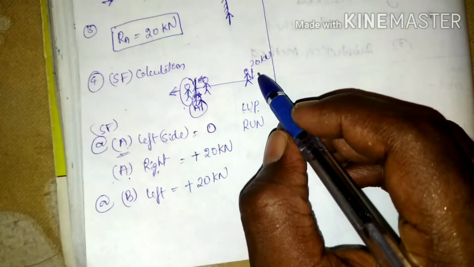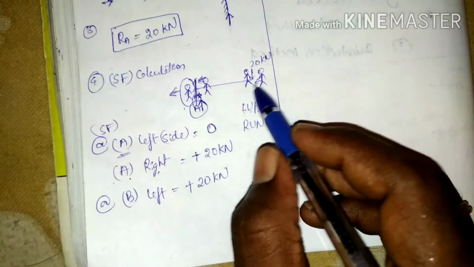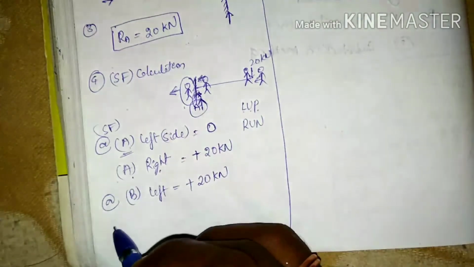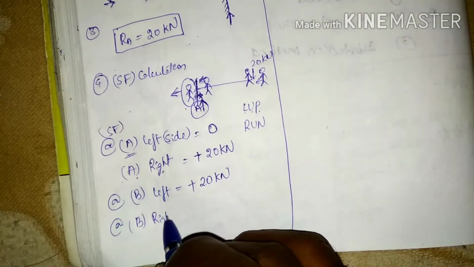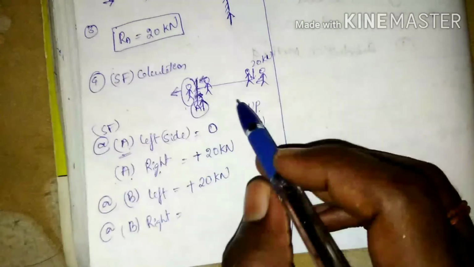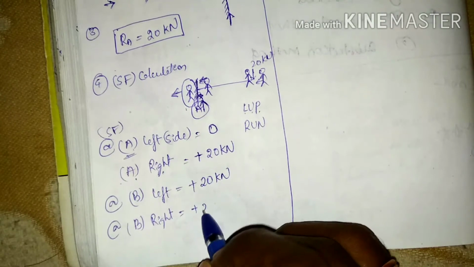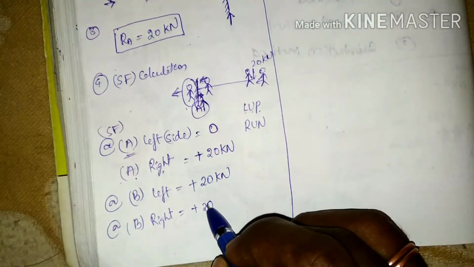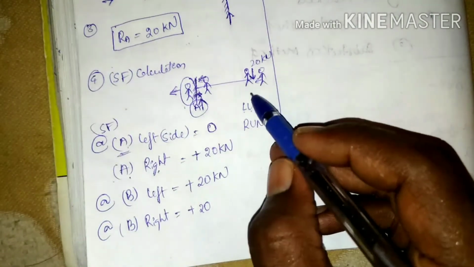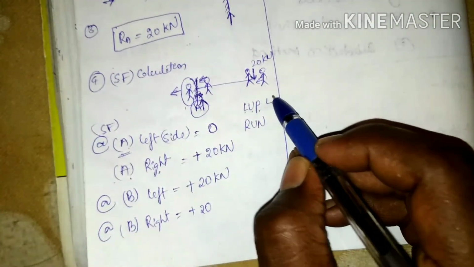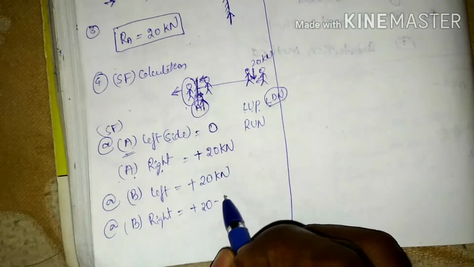Standing after the load, at the right of the load but looking to the left side of the beam, I find positive 20 kilonewtons upward, and the load is left down negative, LDN, minus 20.